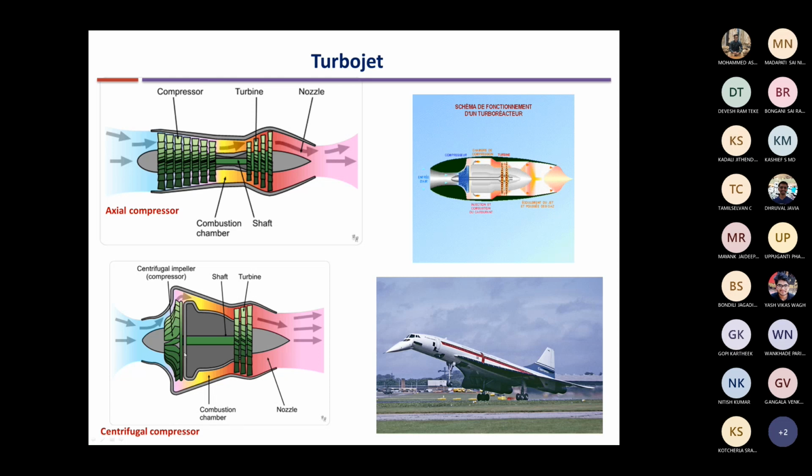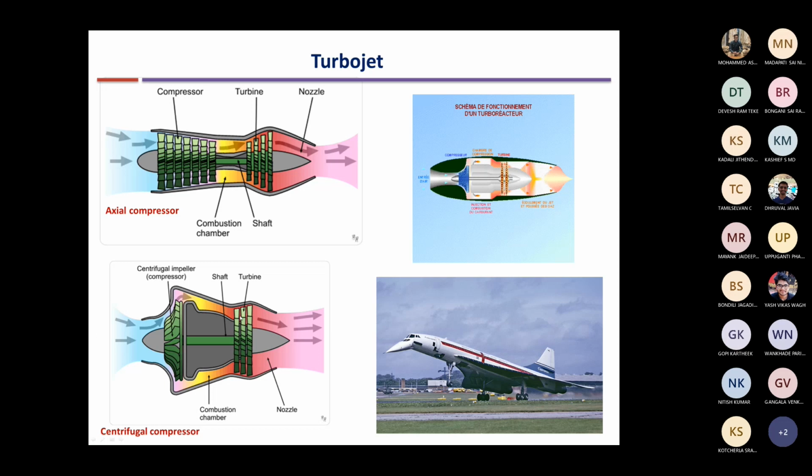You also cannot keep on increasing the velocity to a very high value. Ultimately, you are connected with the turbines also, which are subjected to high temperature, and there is a maximum stress beyond which there will be significant creep.